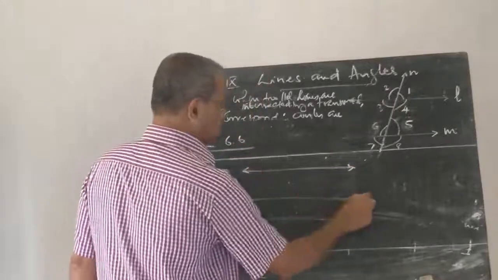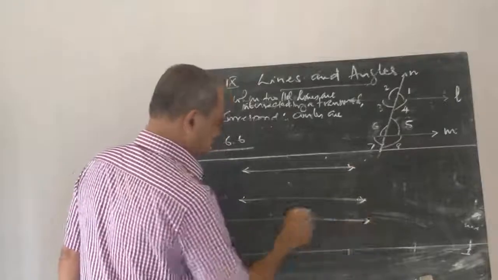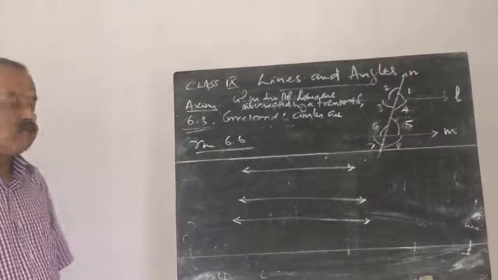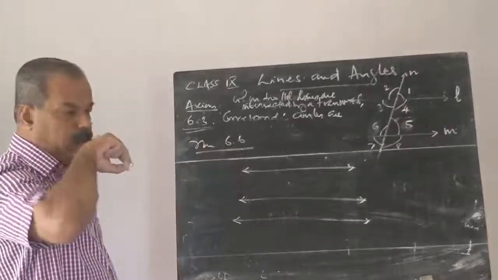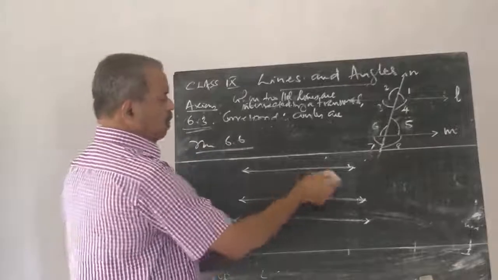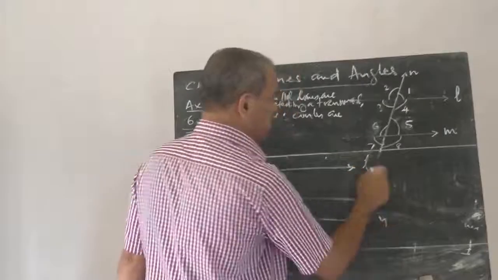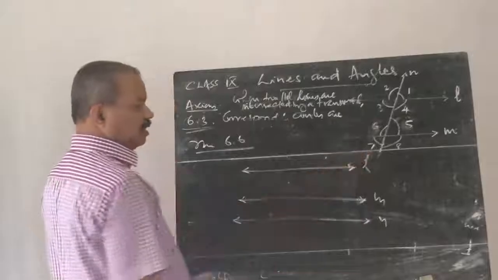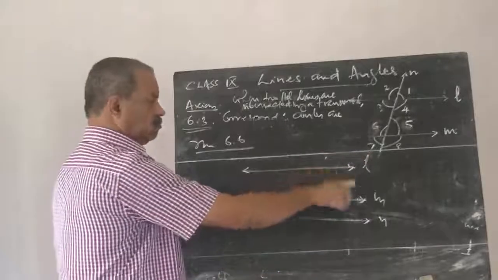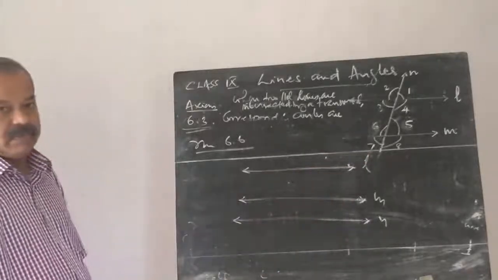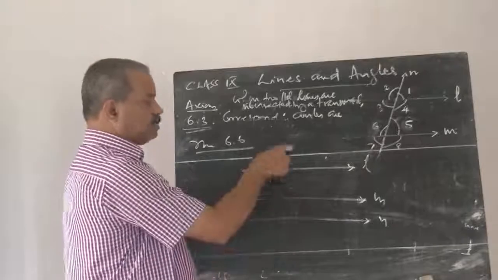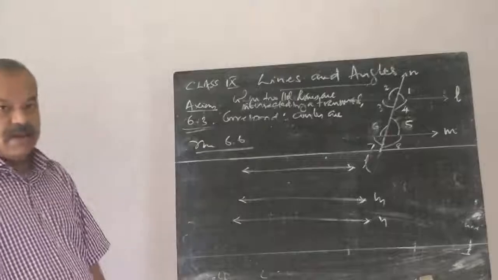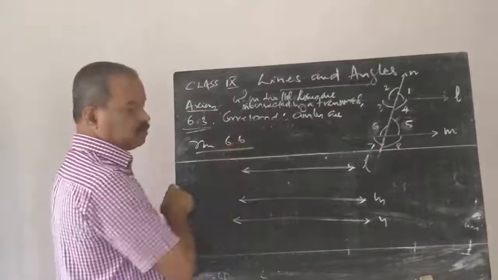Consider three lines L, M, N. If M is parallel to N, N is parallel to L, then M and L are parallel. If two or more lines are parallel to the same line, then they are also parallel to each other. This is Theorem 6.6.